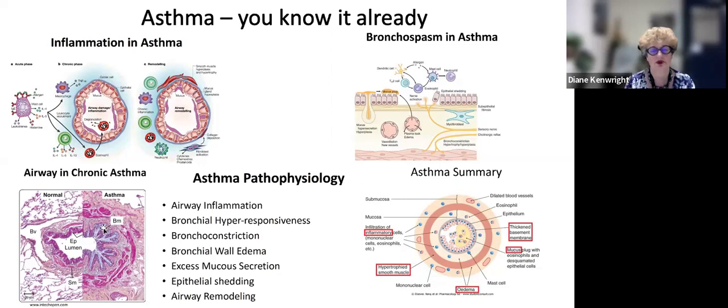We've got increased smooth muscle, increased mucus cells, and overall the airway is narrow. This is another diagram about bronchospasm showing that it is related to the smooth muscle, but also there's a bunch of edema going on as well. And this is yet another summary. I think we've got the idea by now.